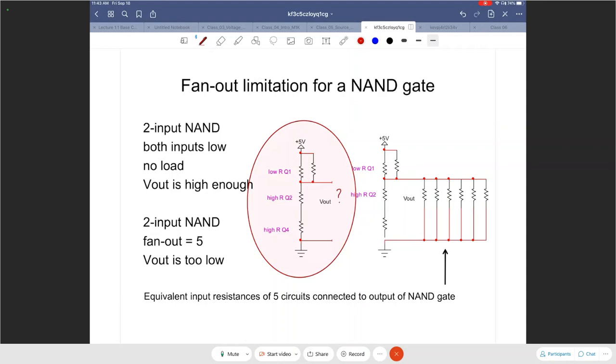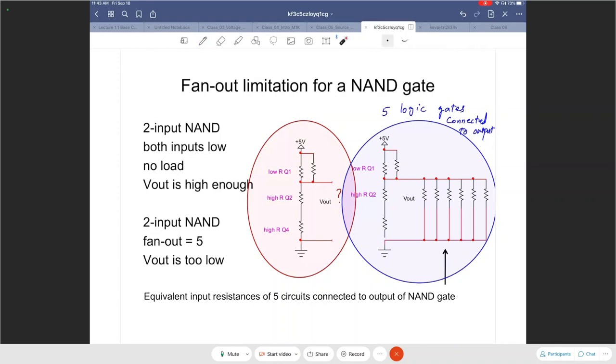And the other situation, you have 5 things connected, 5 logic gates essentially, connected to the output. So let's take a look at what happens when you connect logic gates at the output.